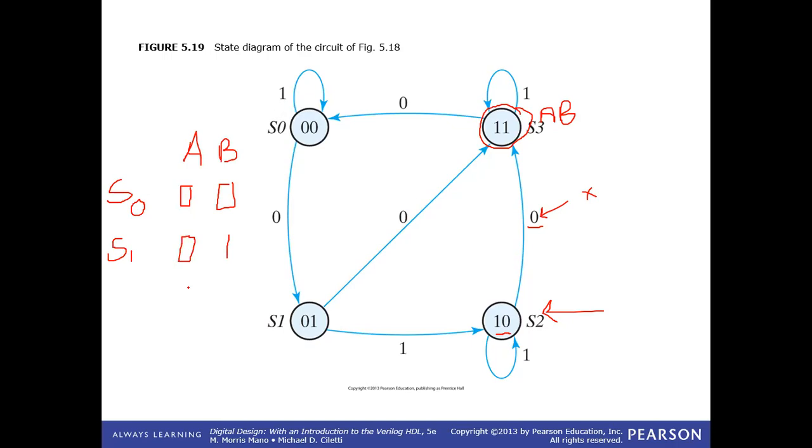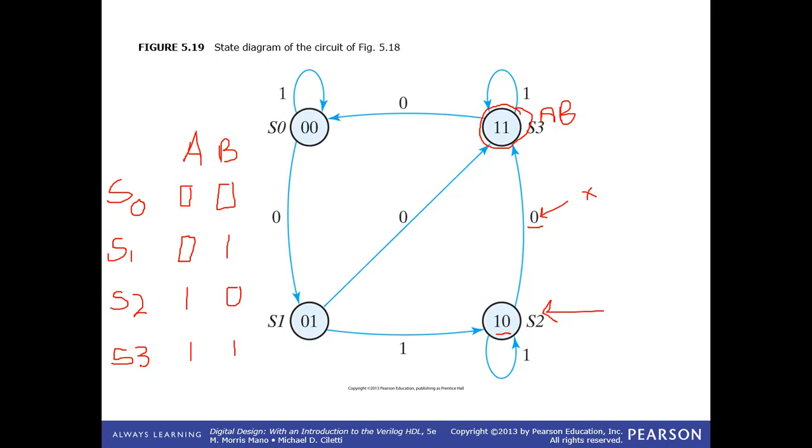If A is 1 and B is 0, in binary this represents 2, so we say this is state number 2. And if it is 1, 1, this represents state number 3. This means we have 4 unique states to retain memory. We do not have any state other than these 4 states.